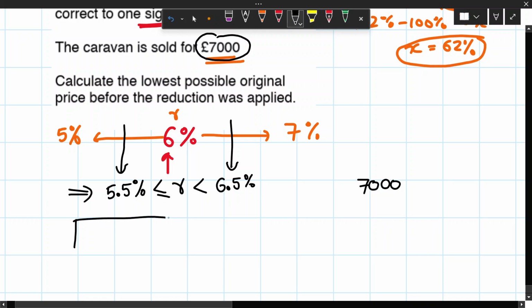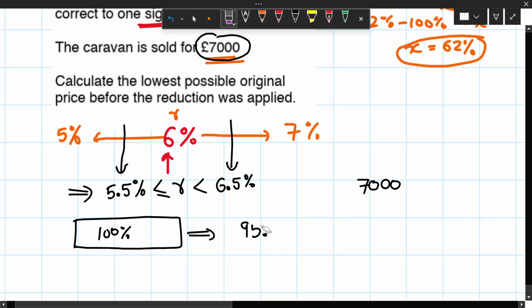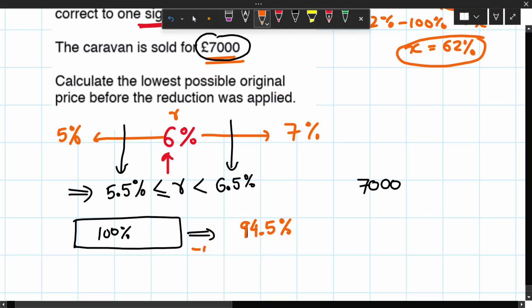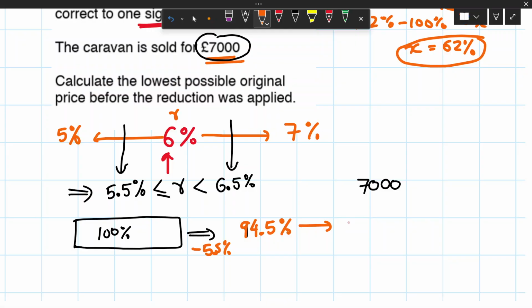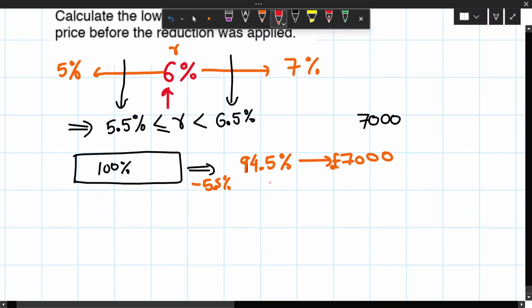We know that 100% is the full value. If I had got only a 5.5% reduction, that would mean I bought this car for 94.5% of its value. So if 94.5% is the £7,000 that you bought this car for, we want to find what is the original price.